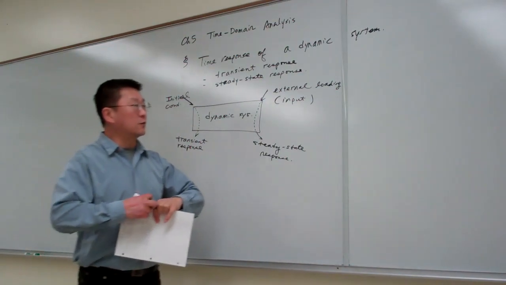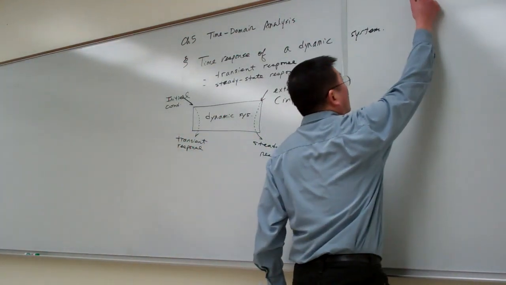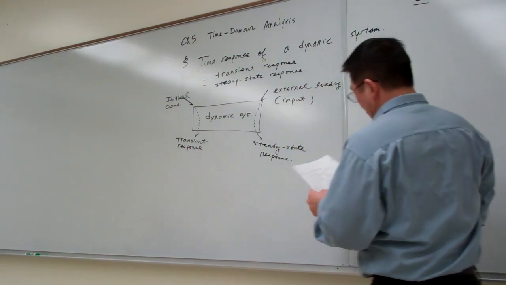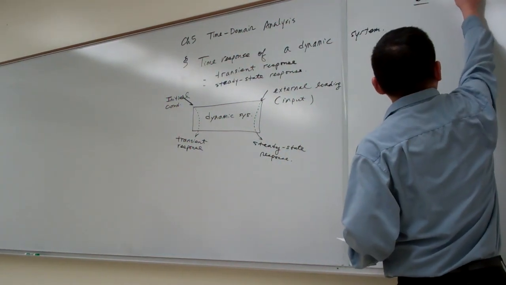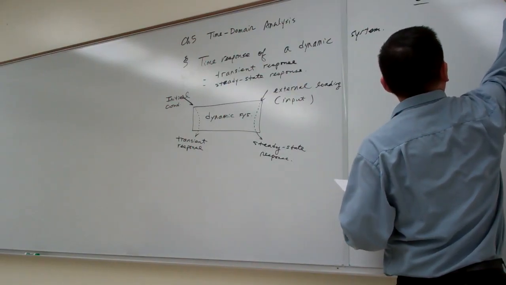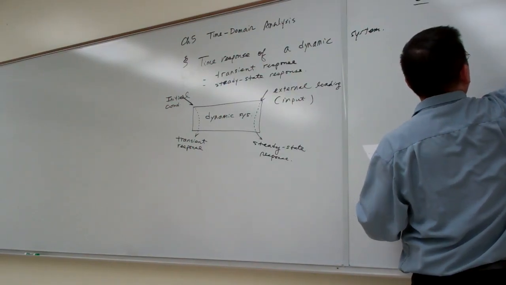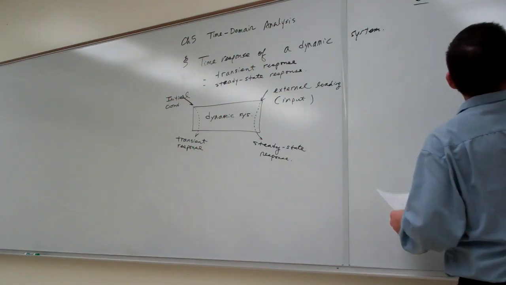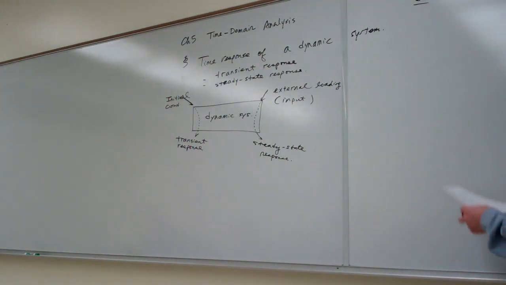We can consider one example here to demonstrate this concept. We consider a second order system with initial conditions x(0) equal to 1 and x dot.